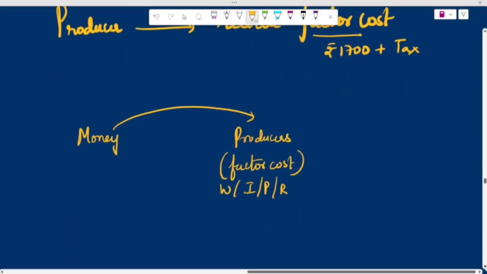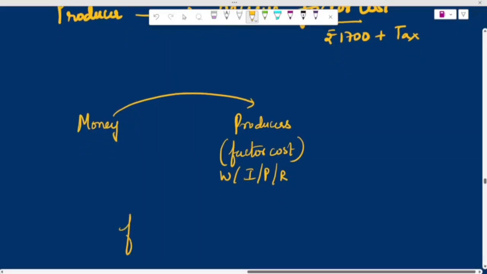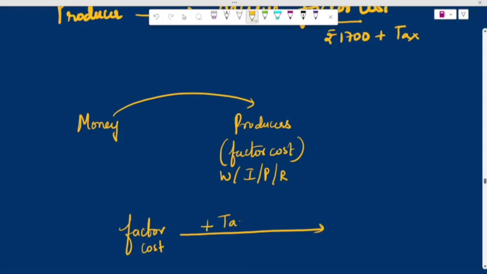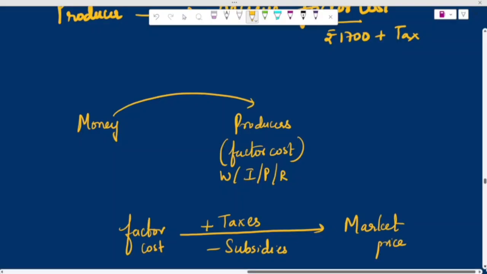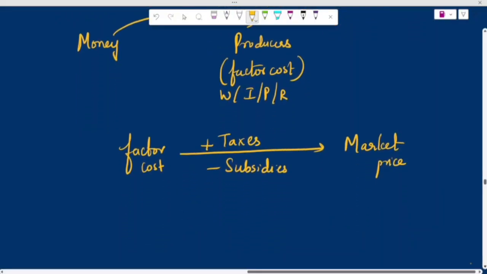So factor cost plus taxes minus subsidies will be equal to market price. For me, if the car is 1700, I'll be selling it for 1750. 1700 plus tax 50 rupees. No subsidy because the car is making pollution.